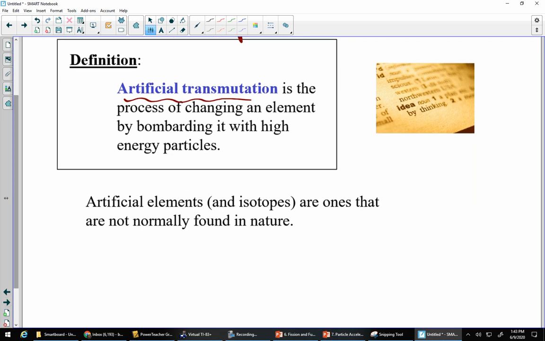Artificial elements and isotopes are ones that are not normally found in nature, and you can usually identify them on your periodic table because their atomic masses don't have any decimal places. For example, carbon is 12.01, so lots of decimal places. That is the average of all the naturally occurring isotopes of carbon, whereas, let's find one that's easier to spell, bohrium.